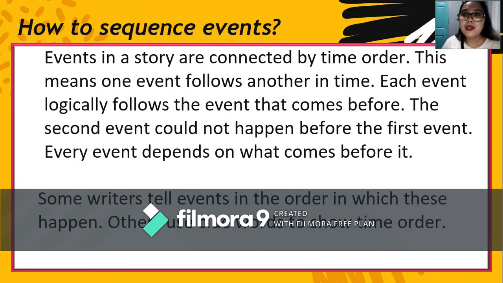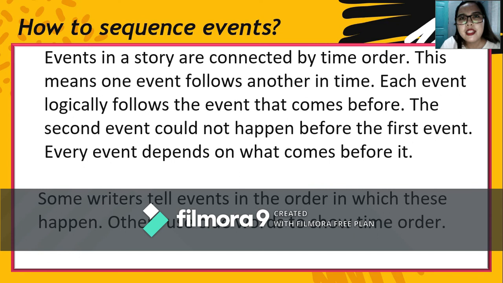Okay, so how do we sequence events? Just like what we did on a timeline a while ago. When we are going to sequence an event, it should be connected by time order, of course. So the first event up to the second, third, and up to the last. This means one event follows another in time, and each event logically follows the event that comes before. So the second event could not happen before the first event because we are sequencing.